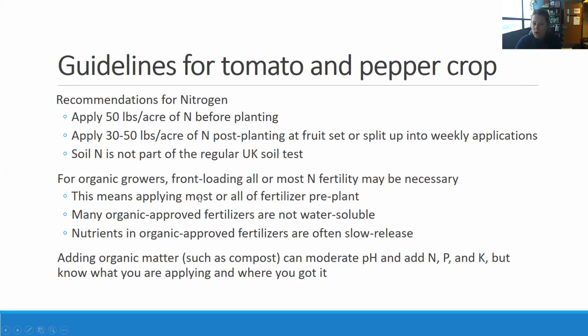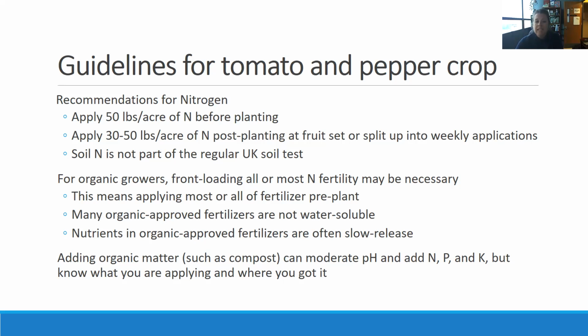For organic growers, because I get these questions a lot, I don't know if there are any organic growers or people interested in growing organic certified vegetables, but for organic growers, front loading all or most of the nitrogen fertility may be necessary, just because a lot of the fertilizers that are available that are organic certified, OMRI certified, are not water soluble.